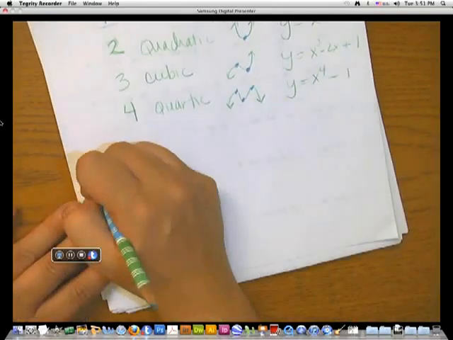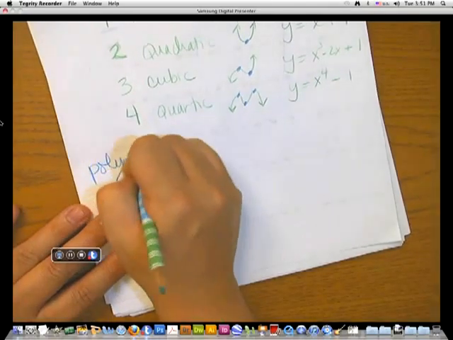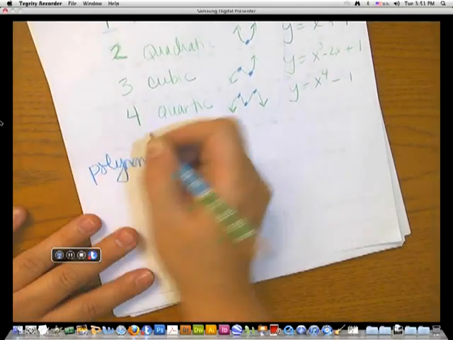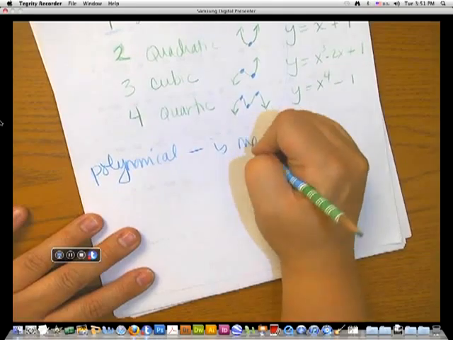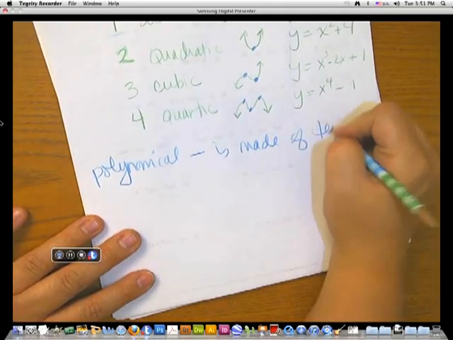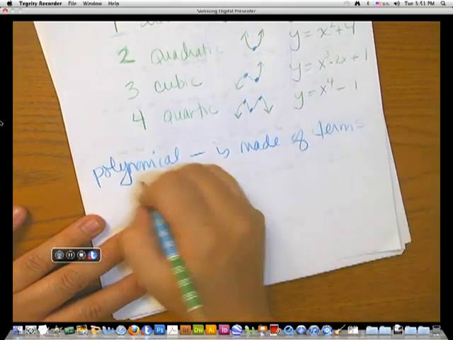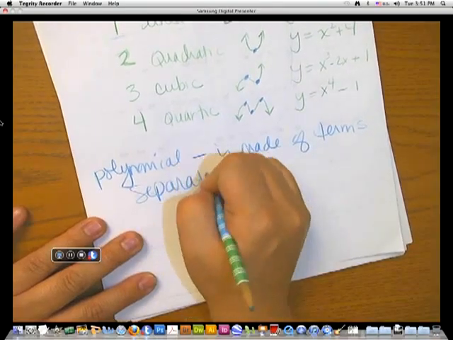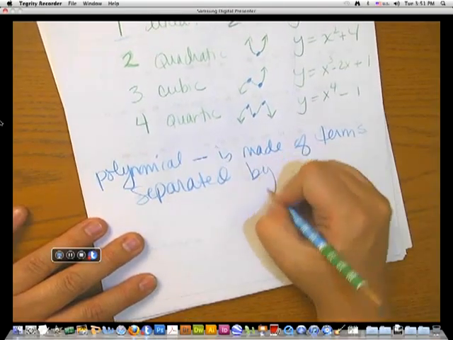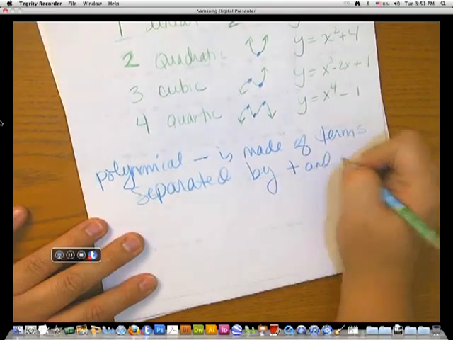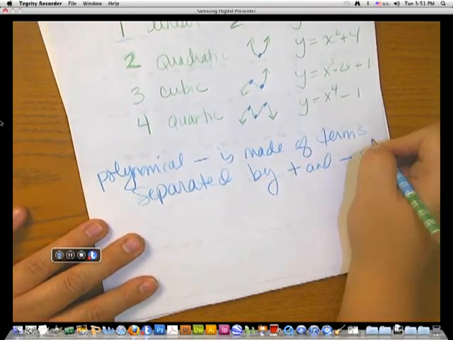A polynomial is made of terms that are separated by plus and minus signs.